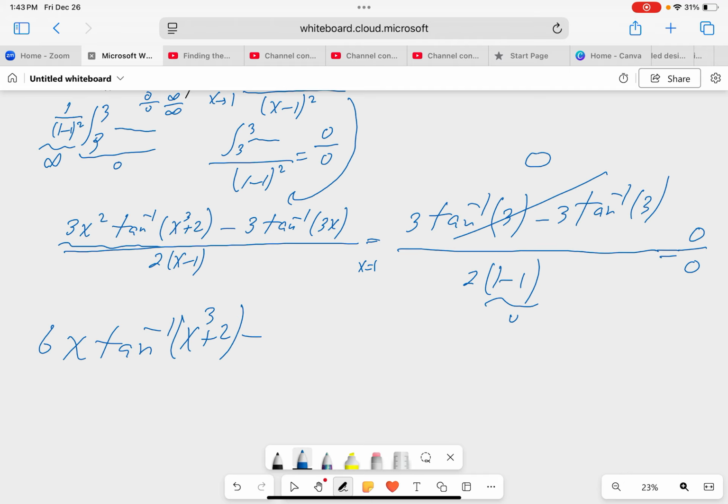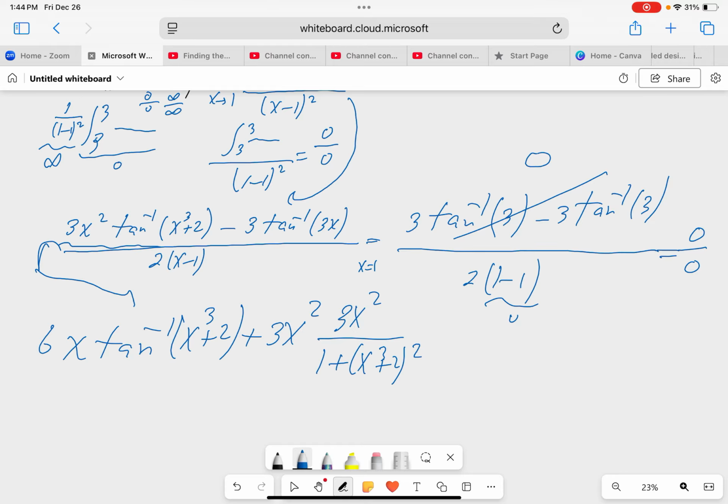And then I write the 3x squared, and then the derivative of inverse tangent of x cubic plus 2 is going to be 3x squared, over 1 plus x cubic plus 2 to the power of 2. All right, so that's the first term right here. So it corresponds to these first two terms.